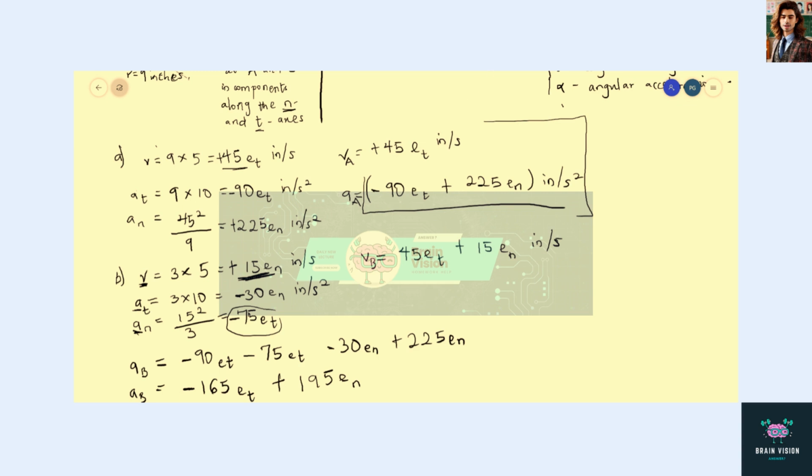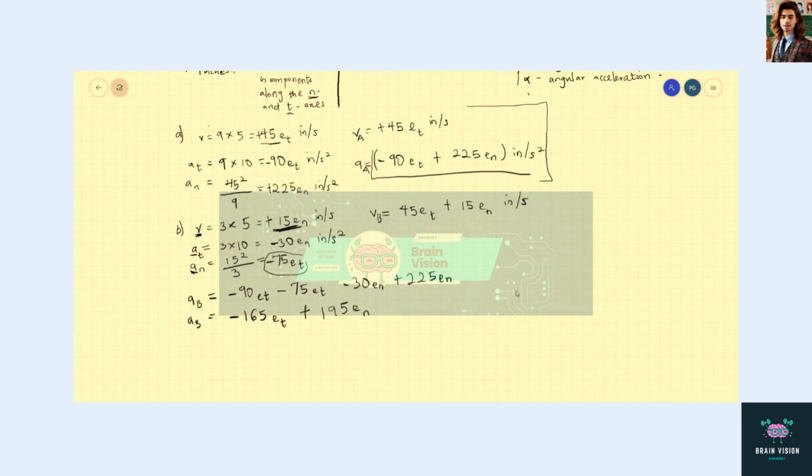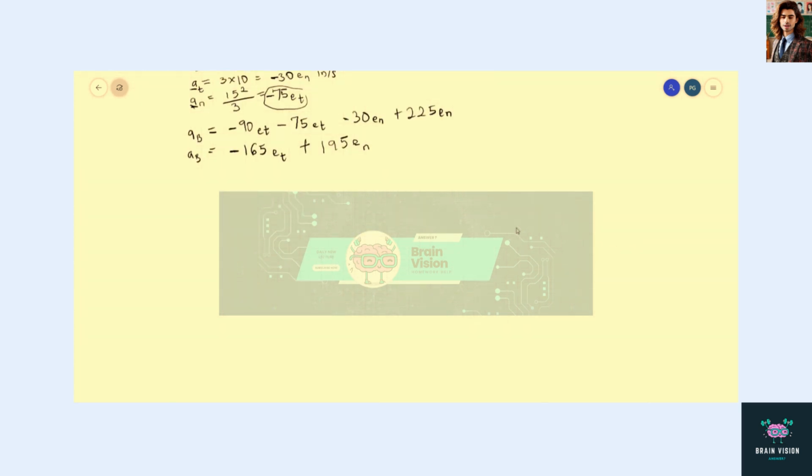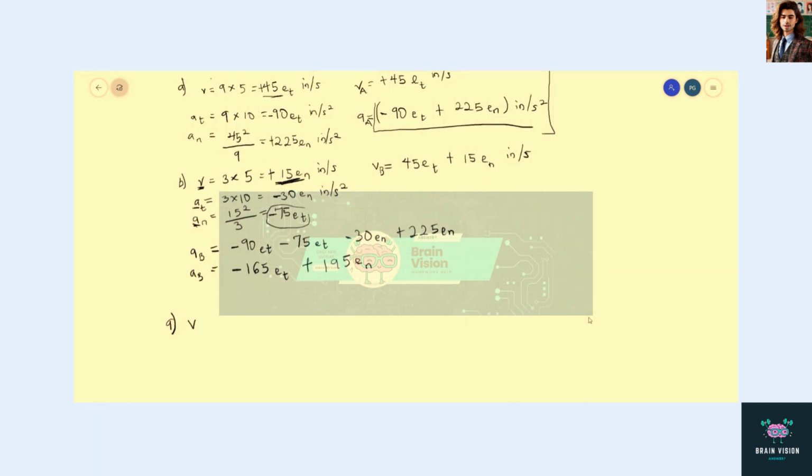So let me write out the answer finally. For A, we have that the velocity is 45 et inches per second, and the acceleration is minus 90 et plus 225 en inches per second squared.